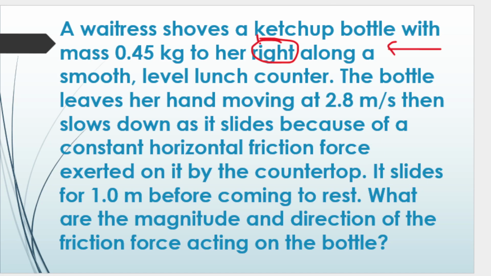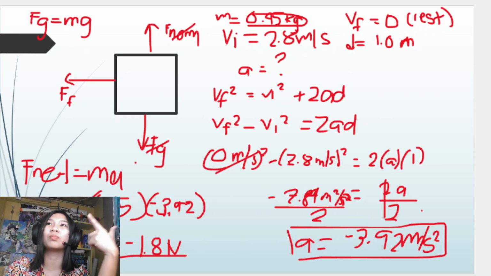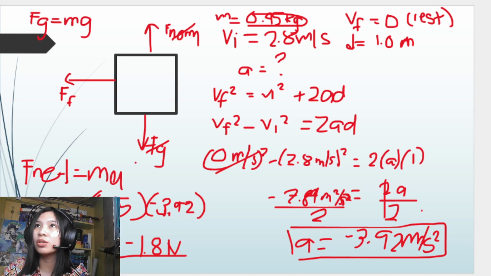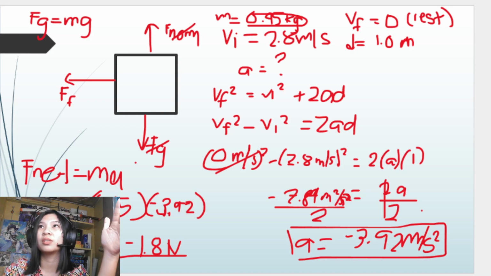Here it says moving to the right and moving to the left, so negative means going to the right. The meaning of negative is that it opposes the motion. It is opposing the motion's direction.